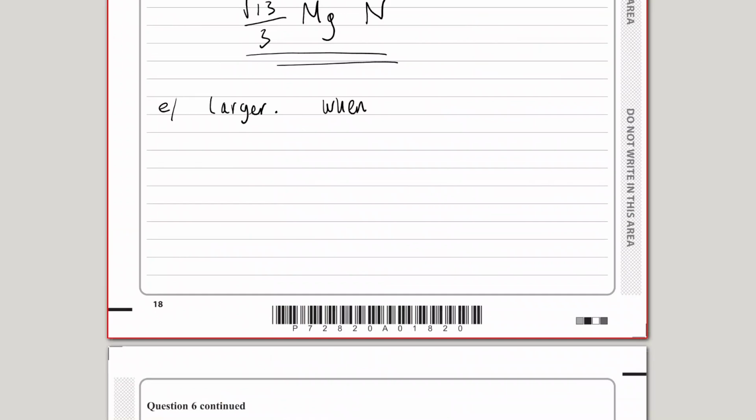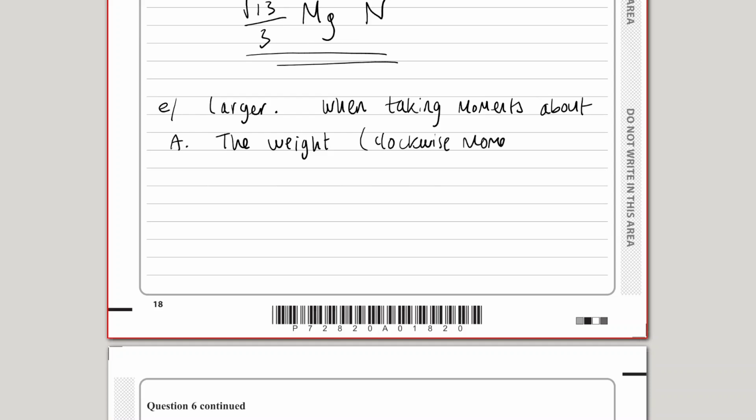When taking moments about A, the weight, which is the clockwise moment, would be, so not the weight, the moment of the weight. So let's switch this around.